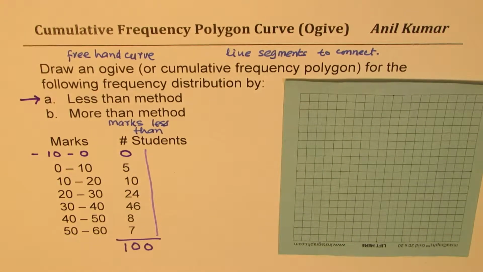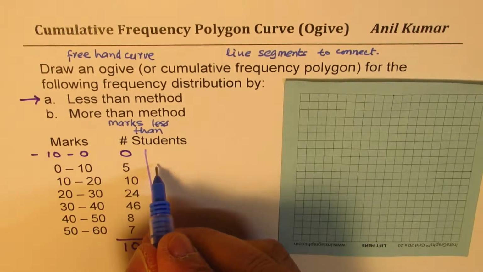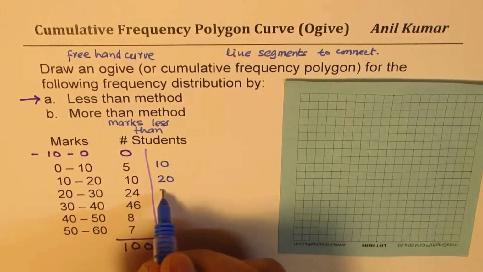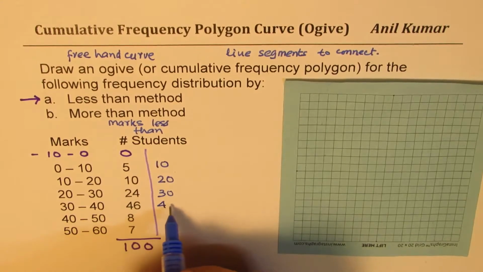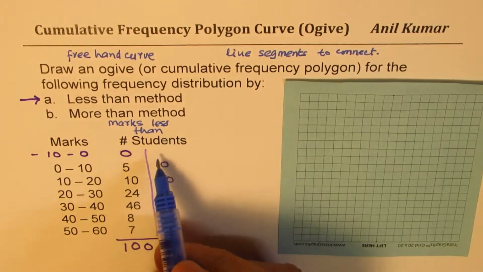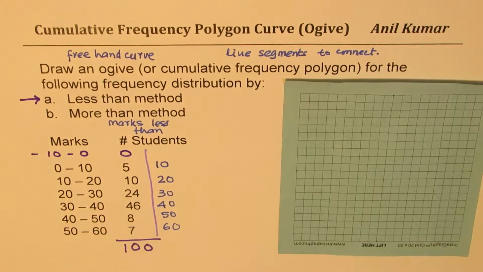We'll begin with marks less than 10, marks less than 20, marks less than 30, marks less than 40, 50, and 60. So for marks less than this, how many students? That is what we need to figure out, correct?